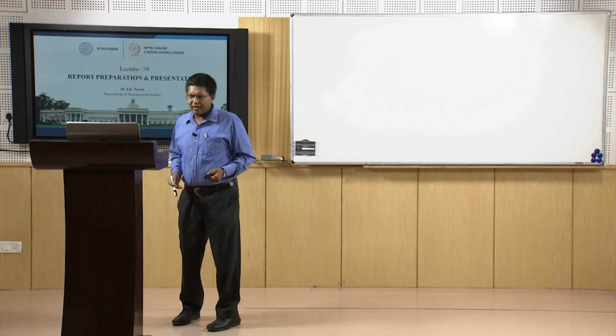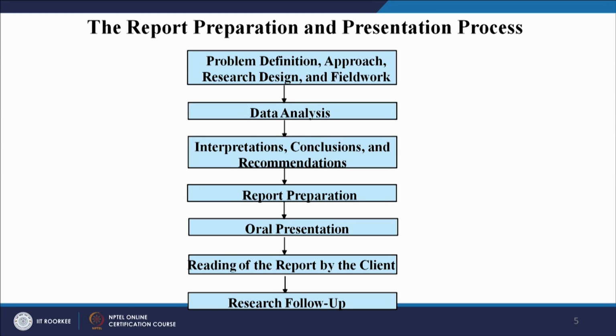So, as I started, the report preparation and the presentation process. Initially, when you start writing a report, it starts with these 6 steps. What are they? We have discussed them again and again in the initial classes also. Problem definition, approach, research design and field work, data analysis, interpretation, conclusion and recommendations.